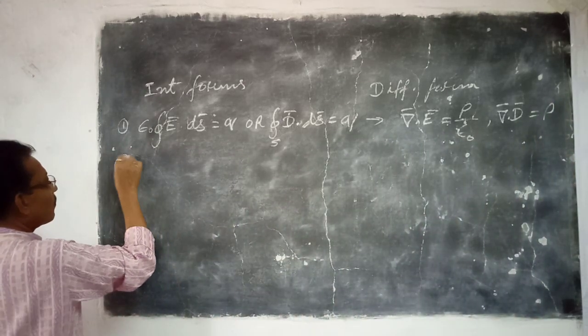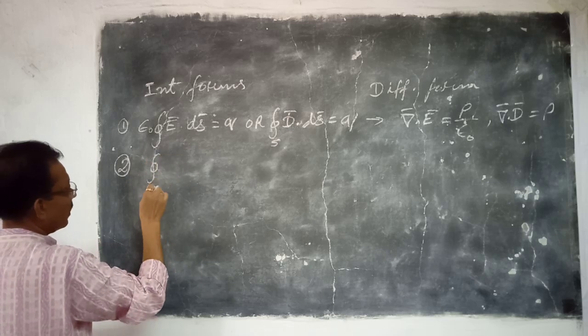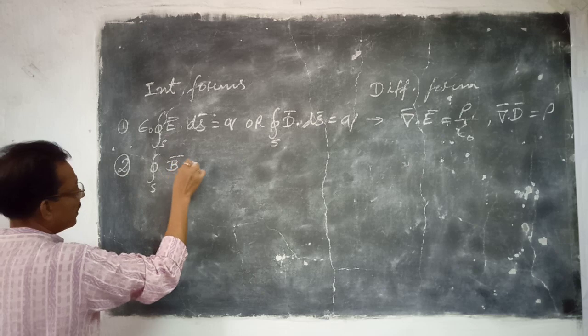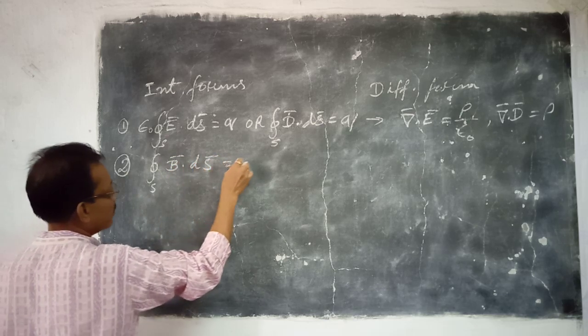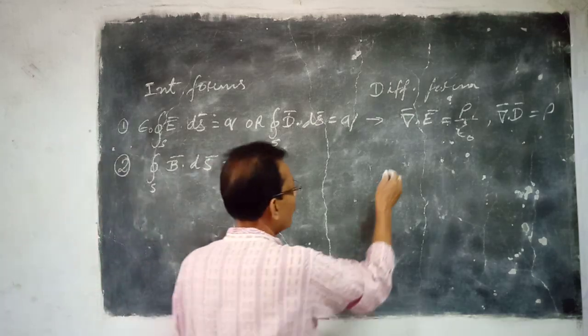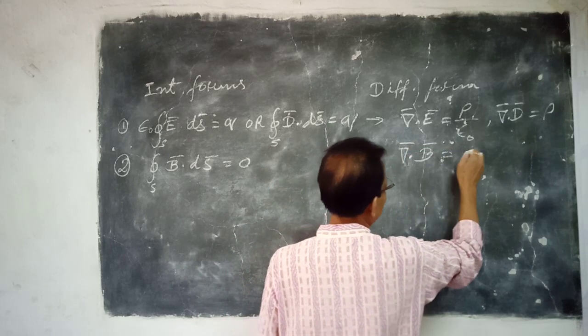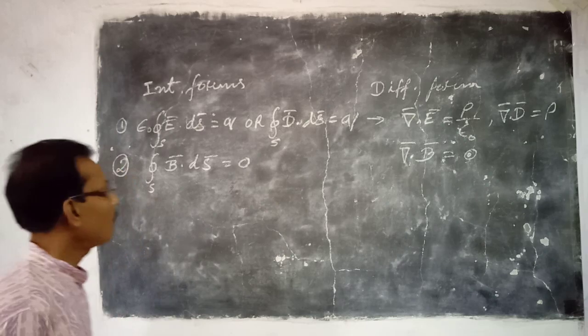The second one: closed integral of B dot dS is equal to 0, and divergence of B is equal to 0.